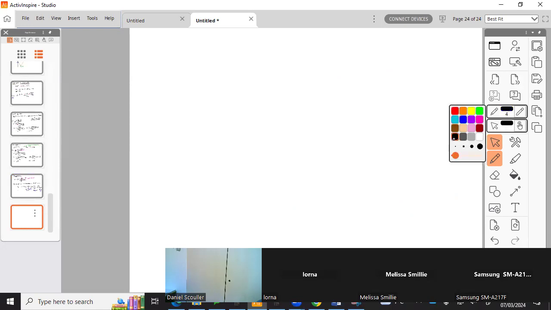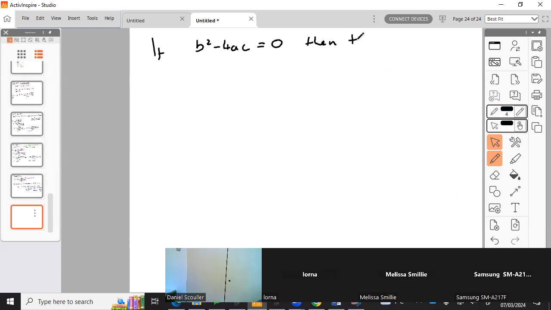If b squared minus 4ac is equal to 0, then the turning point sits on the x-axis, meaning the root is real and equal.